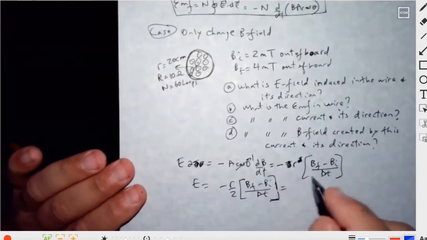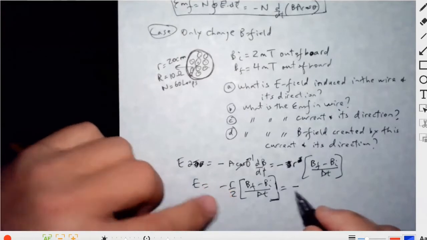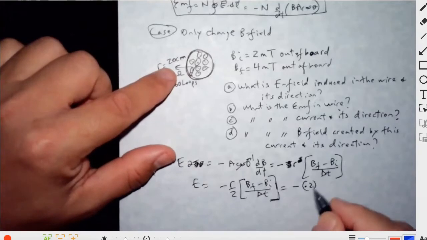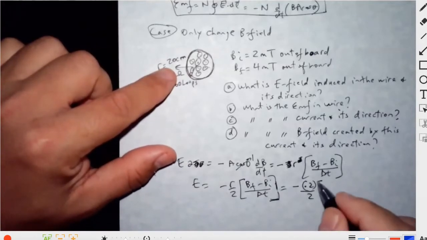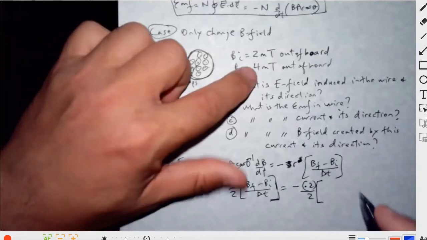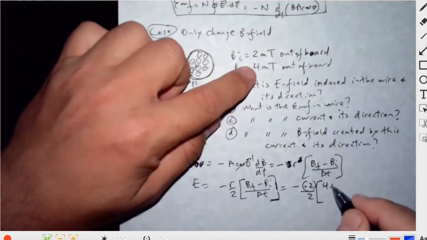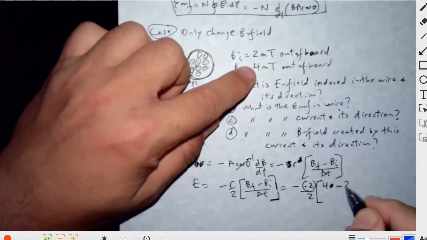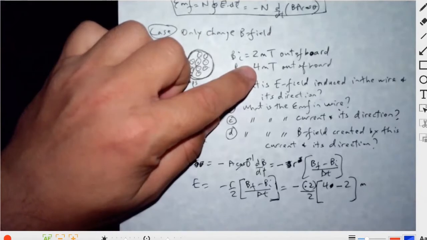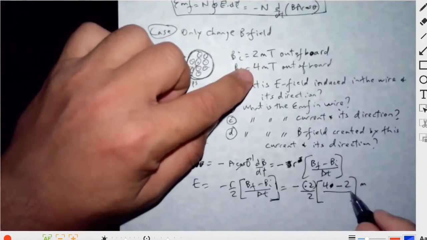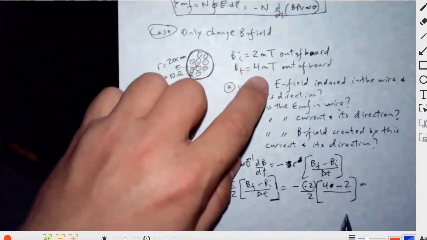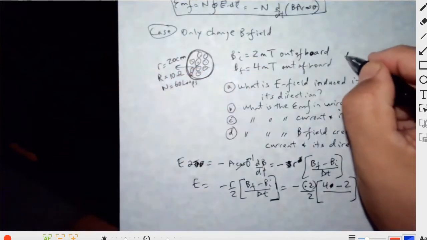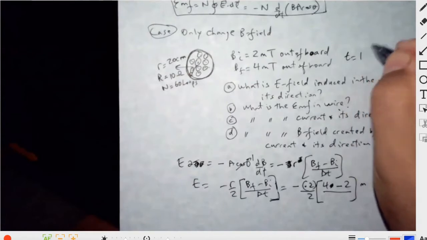Now we have negative, and we can put the radius of the wire, 0.2 over 2, and then B final is 4 milli-tesla, minus the B initial, 2, with milli on the outside. They also have to tell us how many seconds it took to go from here to here, so let's say 1 second.